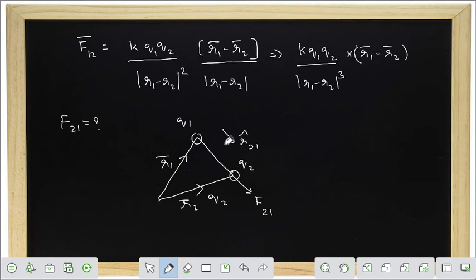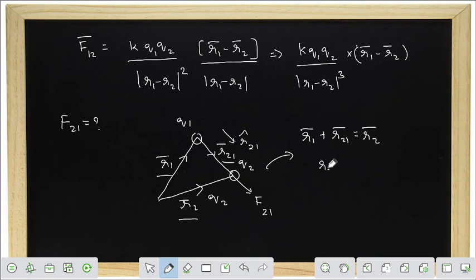To find r21 cap we can use the vector r21 bar. Now r1 and r21 act as the sides of a triangle, and the third closing side, which acts as the resultant, is given by r2. From this you can write r1 bar plus r21 bar is equal to r2 bar.